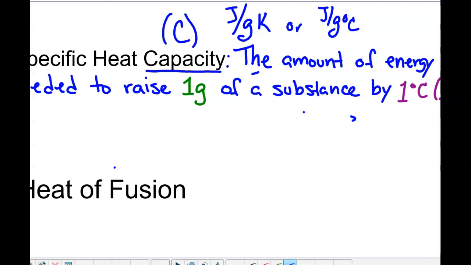So it's the amount of heat that it takes to raise the temperature of a substance by 1 degree Celsius, and they're all calibrated to be per 1 gram. So the one that you really need to know about is water.